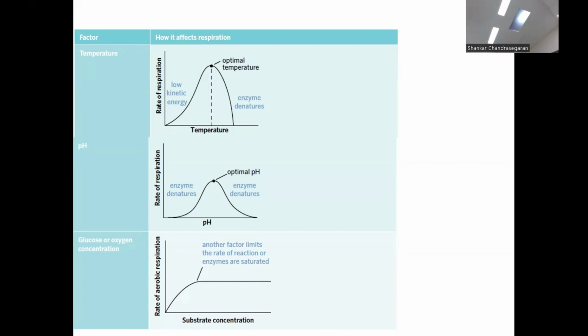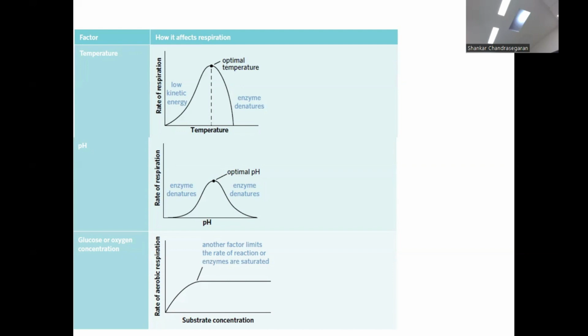The enzymes can regain their function if you increase the temperature again, because the shape of the enzyme has not changed when you reduce the temperature. All that's happening is that they're getting slower and slower until they're frozen in place. So they can still become functional if you increase the temperature.